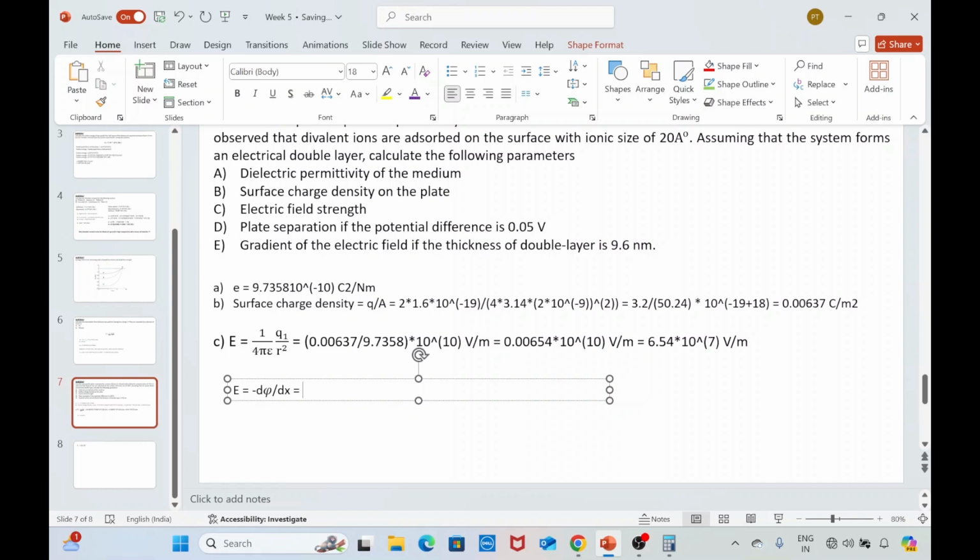So if the separation distance is very small, you can write d psi by dx as psi by delta x. So you can express this as 0.05.